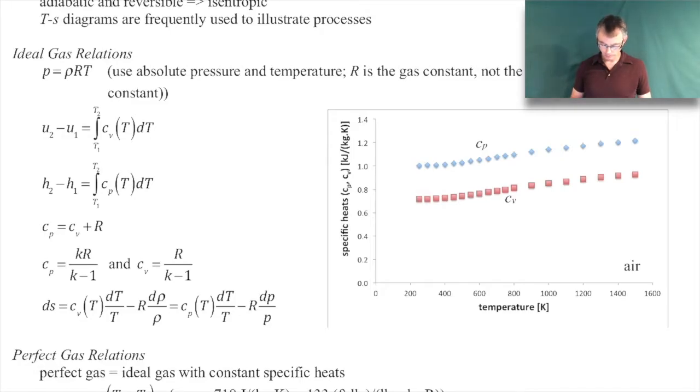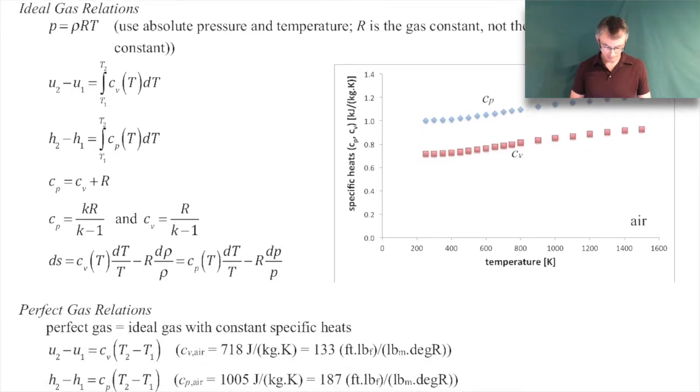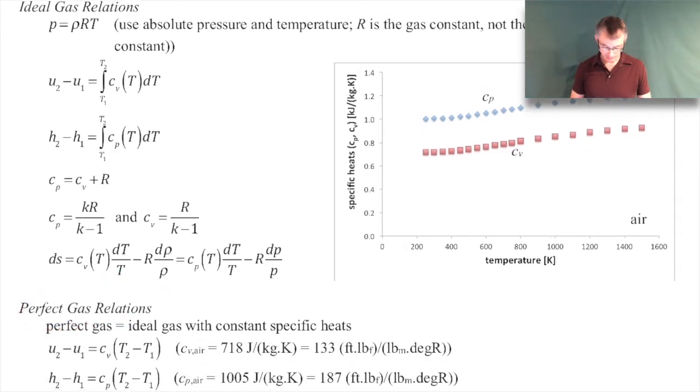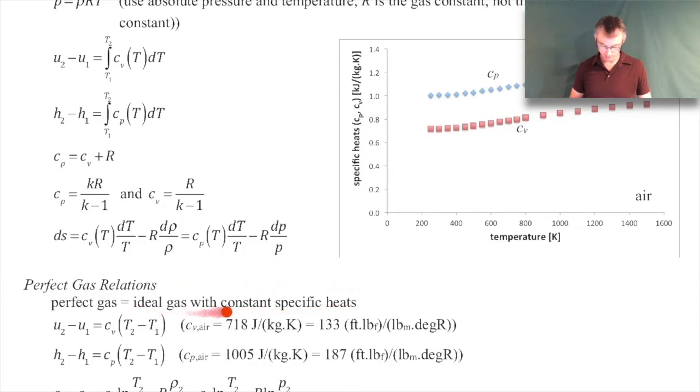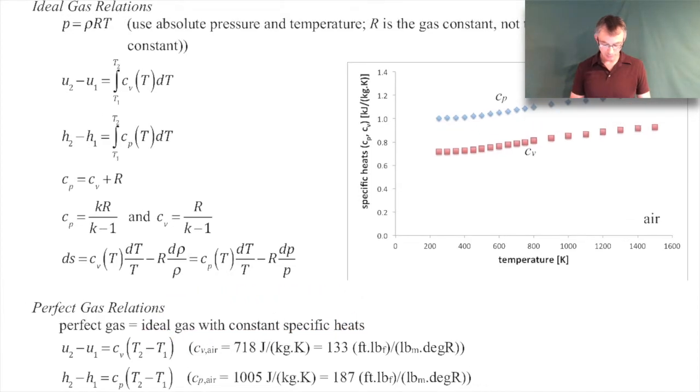And so we often make that assumption that we're dealing with constant specific heats, and when we deal with an ideal gas with constant specific heats, we call that a perfect gas. So that's this expression down here. Perfect gases are ideal gases with constant specific heats. So in this expression up here where we had to integrate the Cv for an ideal gas, if it's a perfect gas, the Cv just comes outside the integral, and it's very simple, and you get the expression down at the bottom of the page.